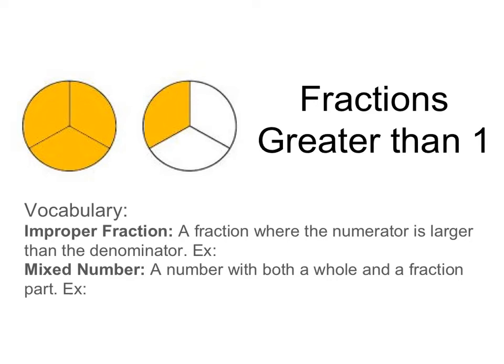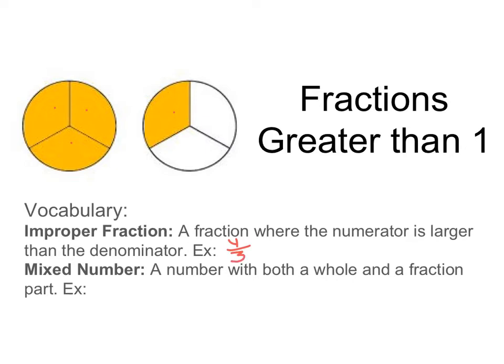In the example shown up above, we have two wholes that have been broken up into thirds, and 4 of those thirds are filled in. So we have 1, 2, 3, 4 pieces, and each whole is broken into thirds. So this is 4 thirds.